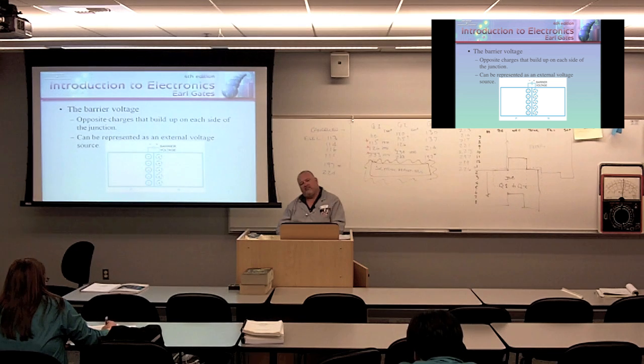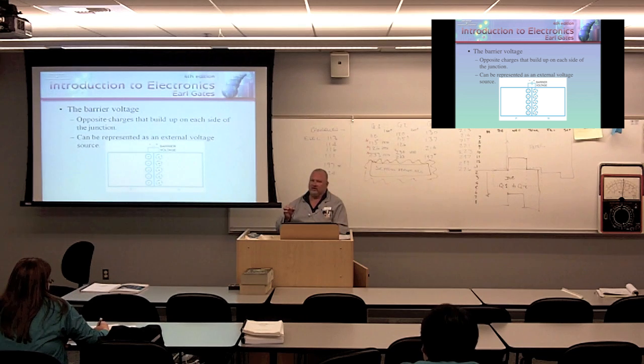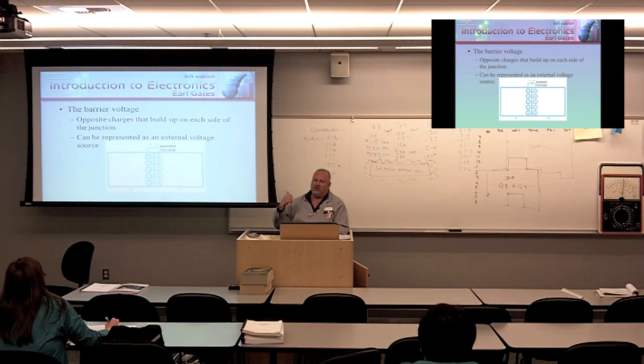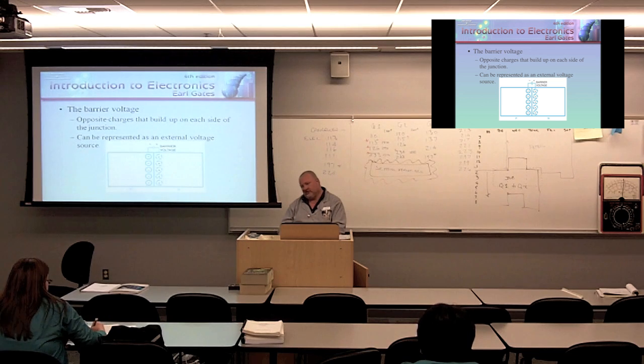Now, when I say it can be represented as an external voltage source, don't try to get a voltmeter and measure the voltage of a diode. You can't measure this voltage. This is a barrier voltage. This is a voltage that must be overcome before you could get current to flow through this device. You get it? That's why it's called barrier voltage.